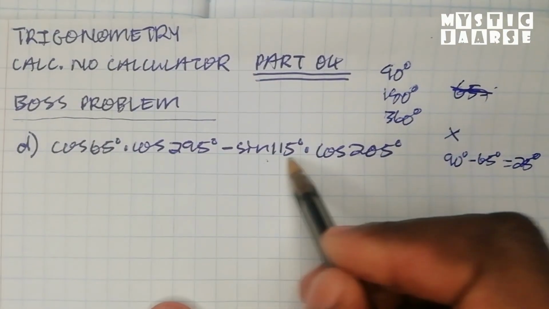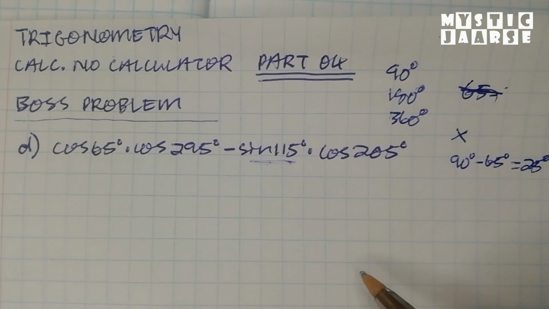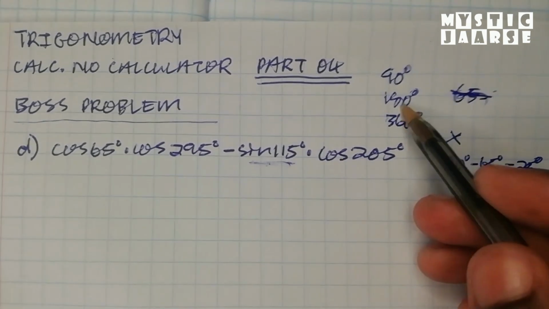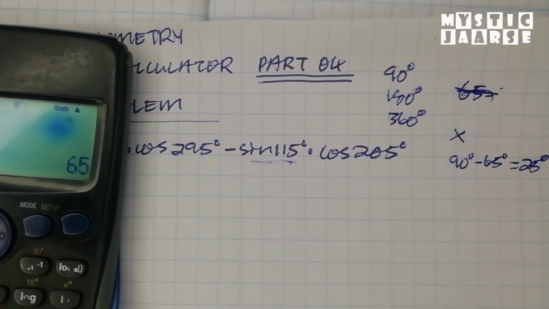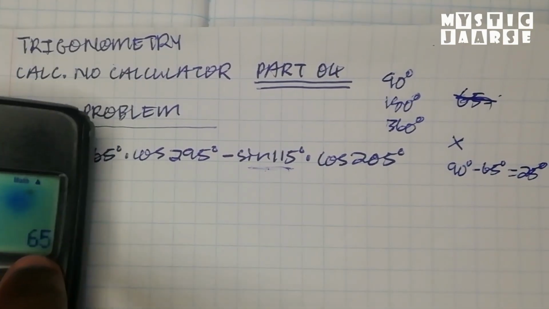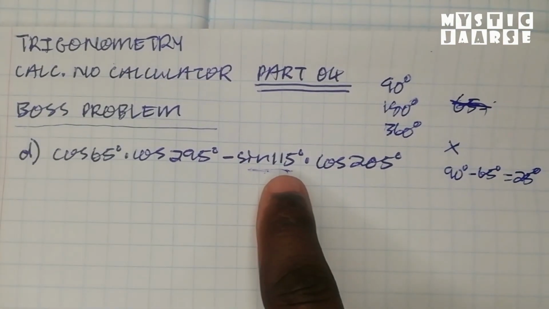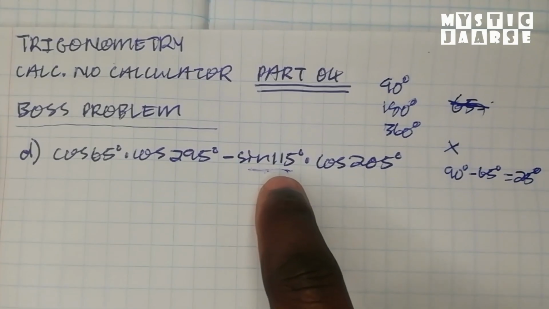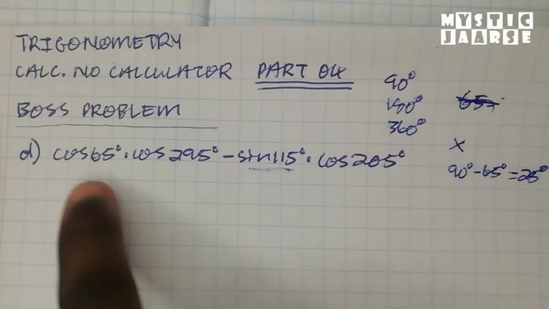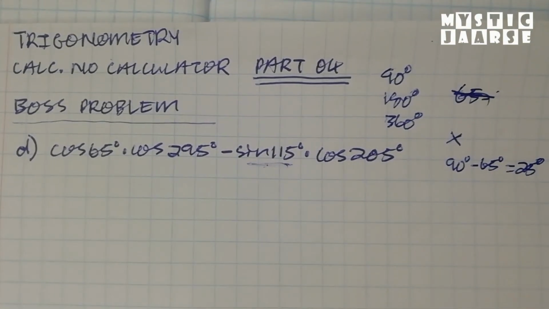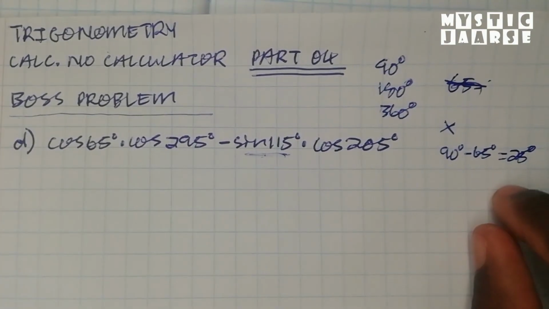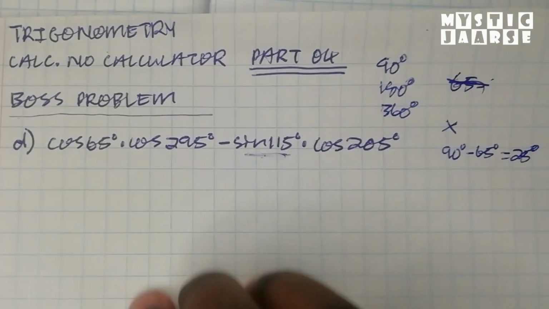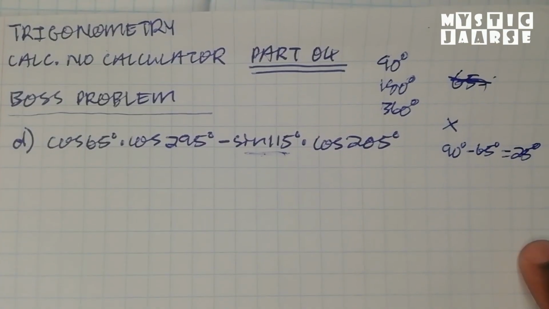What about this angle, 115? What would happen if you reduce it using 180? Let's see, you have 180 minus 115. You get 65. Now we can leave this as 65 so that it matches up with this one. This is what you need to be thinking at this stage before you solve, because anything that you do after this will determine your answer.